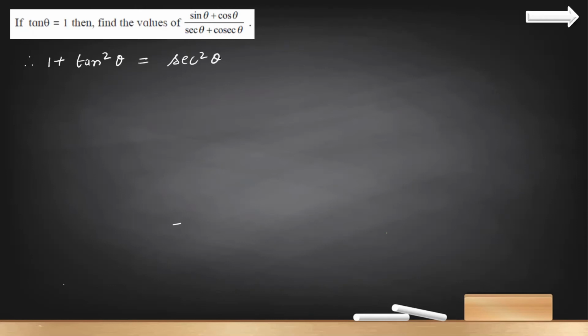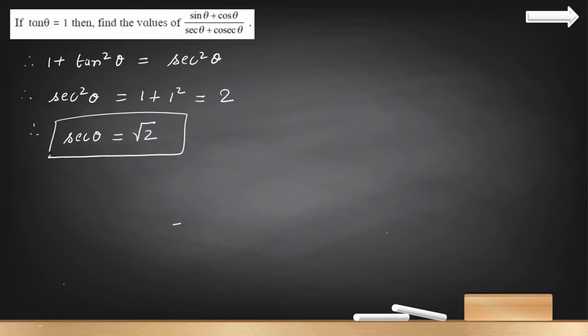Putting in the value of tan, can I not find out the value of sec theta? Yes, we can. So therefore, sec square theta is equal to, tan theta is equal to 1, so 1 plus 1 square, that is going to be 1 plus 1, that is going to be 2. So therefore, taking square root, sec theta is going to be root 2.